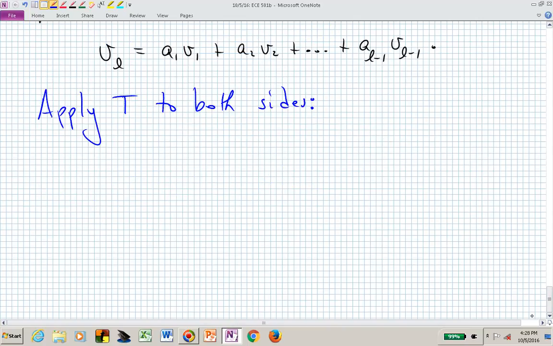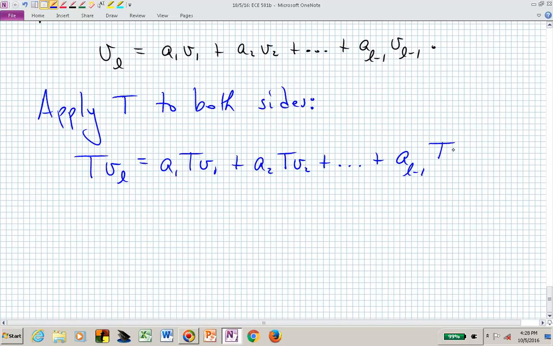You know this equation is true, and now we can say that we have T v sub L is equal to, and I'm going to pull out the coefficients and put them first on the right-hand side, a1 T v1 plus a sub 2 T v sub 2, etc., plus a sub L minus 1 T v sub L minus 1.